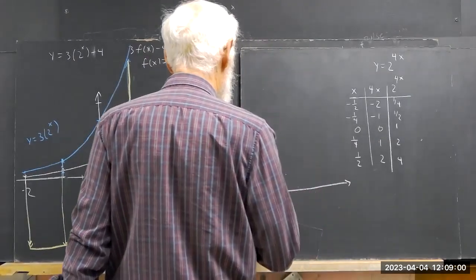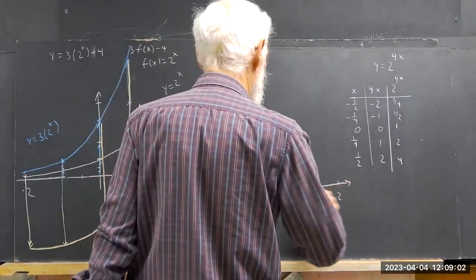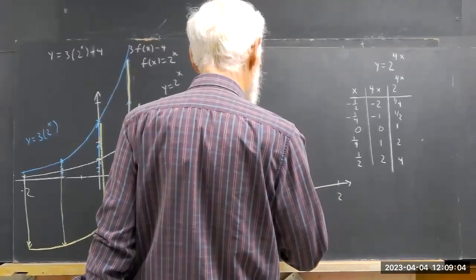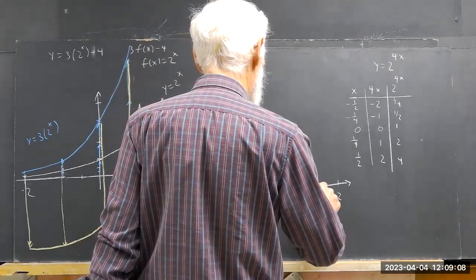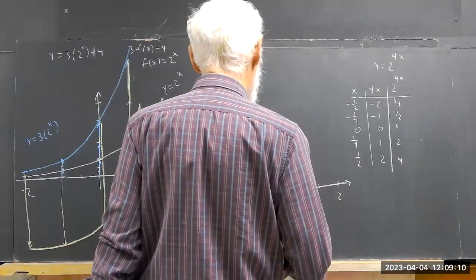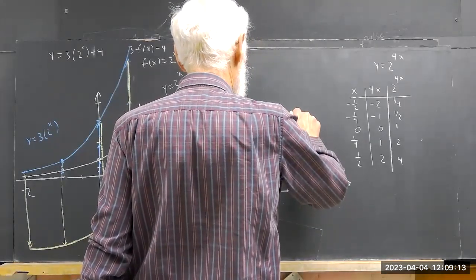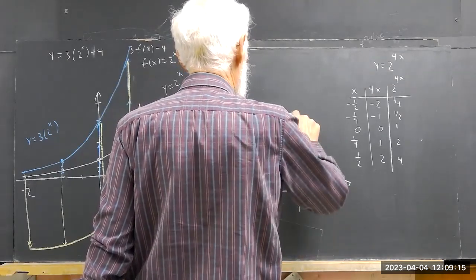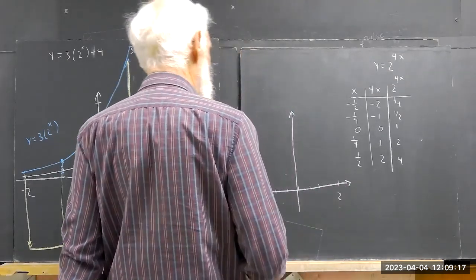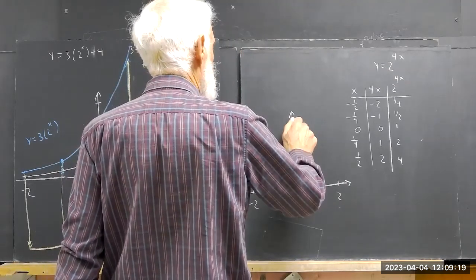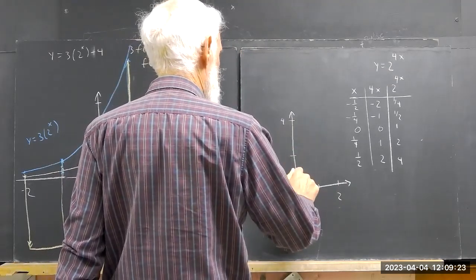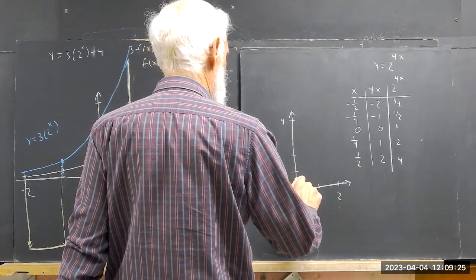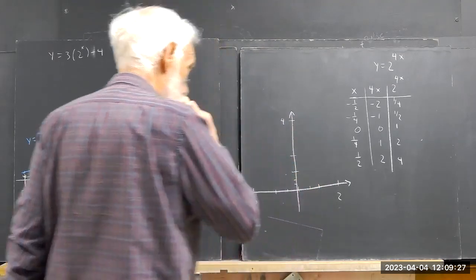So let's put -2 here, 2 here. Here's 4. Here's 2, here's 1. Here's 1/2, here's 1/4. Okay.